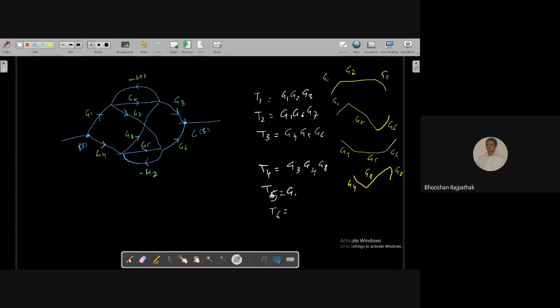Okay, so G1, G3, G8, H2, and here the sign is negative. So I will write that with a different color to highlight. Okay, and the diagram we will draw with this.